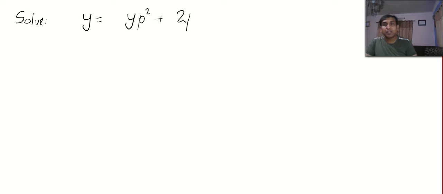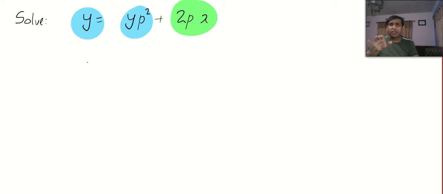So please write the question. Solve the differential equation y is equal to y into p square plus 2p into x. Look at this. I can see that y comes 2 times and x comes only once.